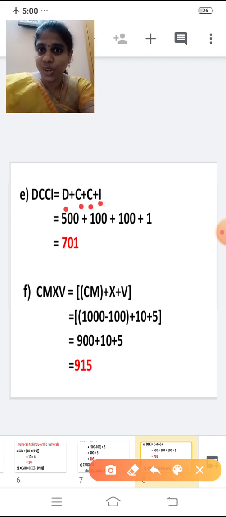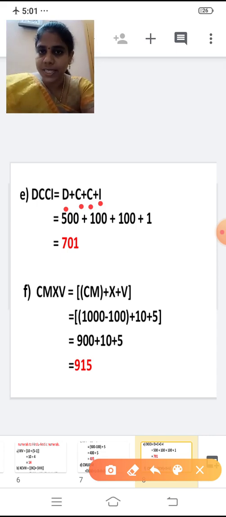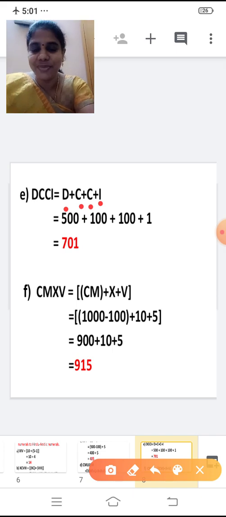So shall we see the value of D? If the smaller one is placed after the larger one, you can add that directly, right? So DCCI, add that: D plus C plus C plus I. What is the value of D? Yes, 500. Value of D is 500 plus what is the value of C? 100.